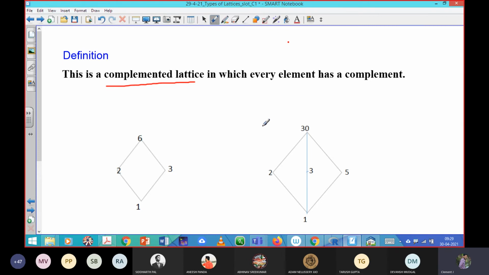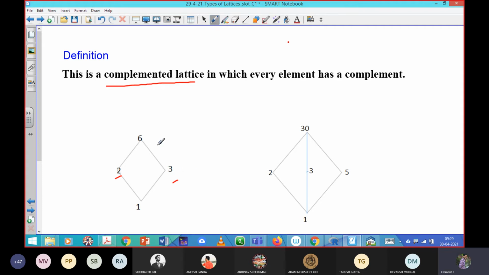If you are able to determine the complement element for every element appearing in the given set, then the given lattice is called a complemented lattice.